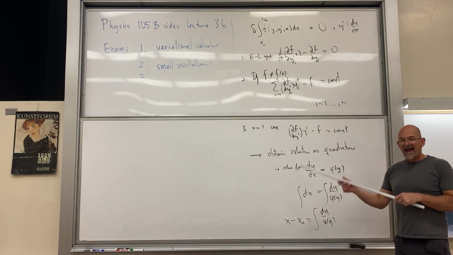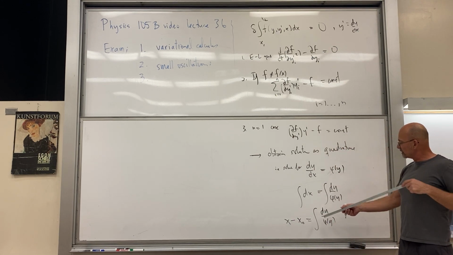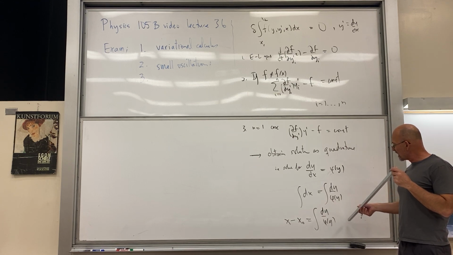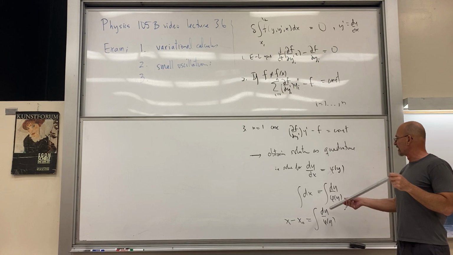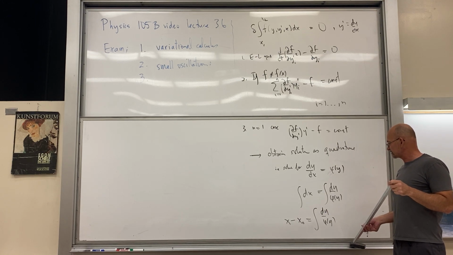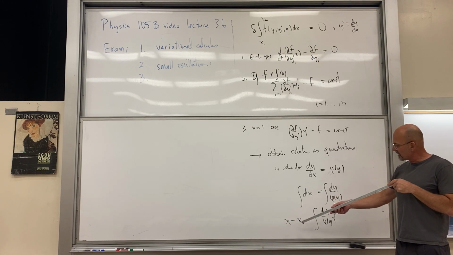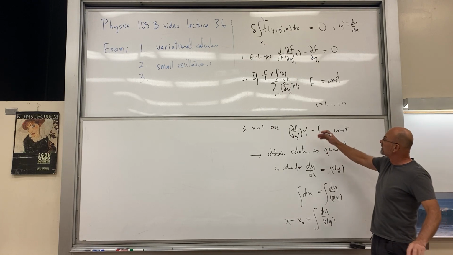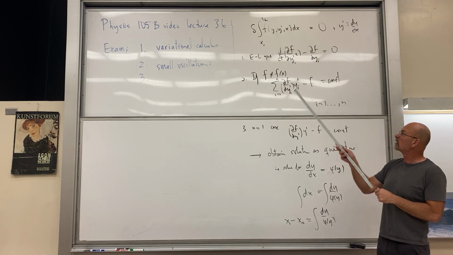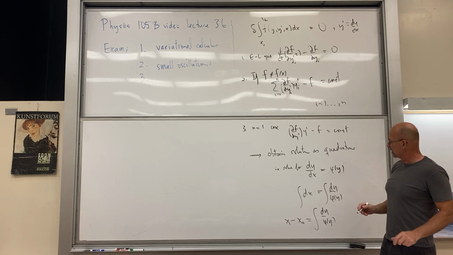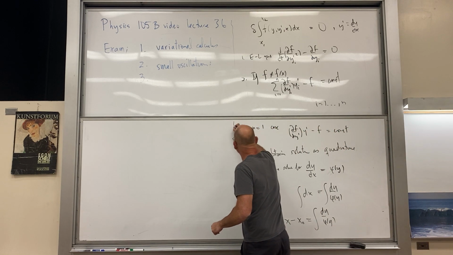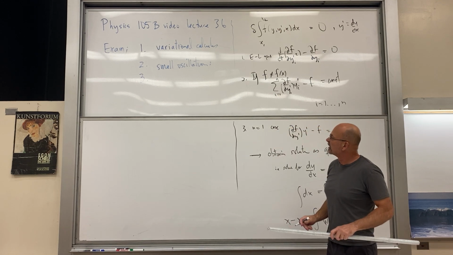And then, of course, the last step, if you're lucky, you can actually do the integral, get y, and then invert and get y of x. That's the steps, and we've done a number of these, so you want to review this. Okay, good. So that is what I had in store for you.